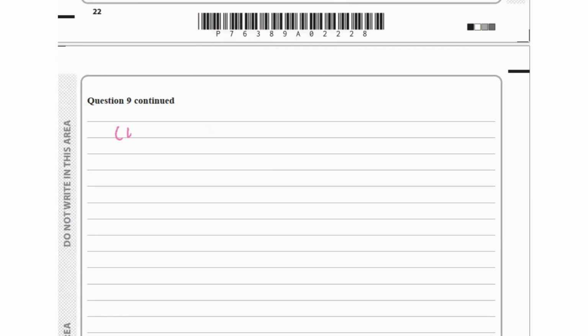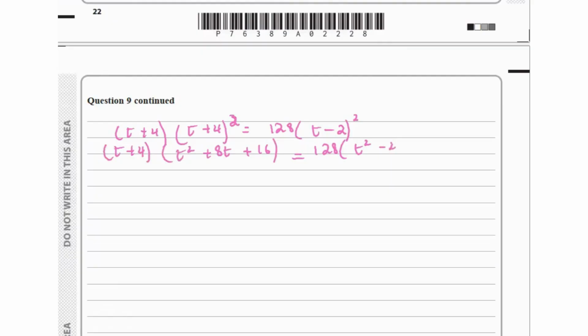So if we do that, (t plus 4) times (t plus 4) squared equals 2 to the power of 7, which is 128, so 128 times (t minus 2) squared.